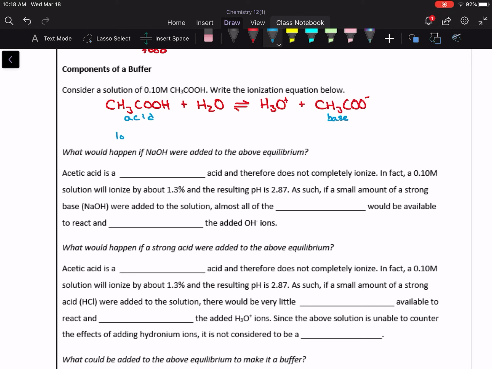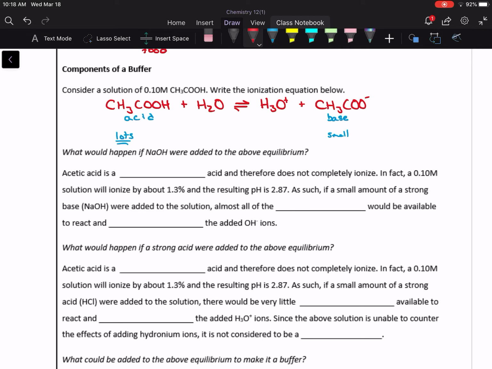I'm just going to say I have lots of this, and a relatively small amount of acetate ion and hydronium ion produced. And so what that means is if I were to add sodium hydroxide, a strong base, to this equilibrium, I would have quite a bit of acetic acid available to neutralize the added base.